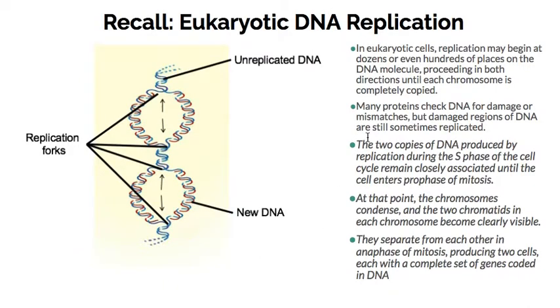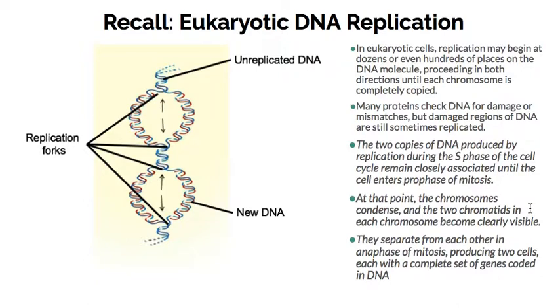This was also shown last class. Again, this is a good overview of the process of DNA replication and what happens after it. DNA replication occurs during interphase before mitosis even happens, but the two copies of DNA produced in replication during the S phase remain closely associated until the cell enters prophase of mitosis.